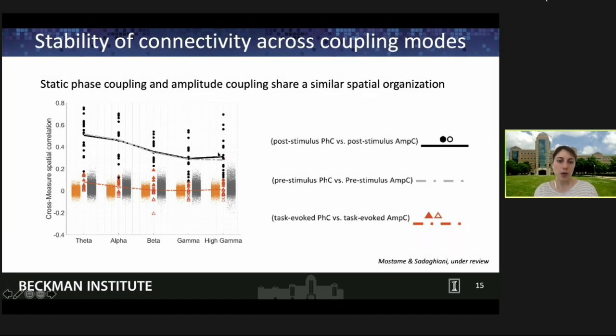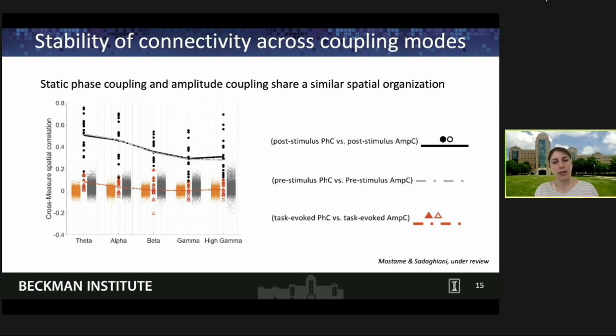So if you subtract one line from the other, you are left with the data here in orange, the orange data points. And what that emphasizes is that the type of functional connectivity that is highly correlated between phase coupling and amplitude coupling is actually intrinsic. It is not related directly to the task. It's driven in an ongoing manner.